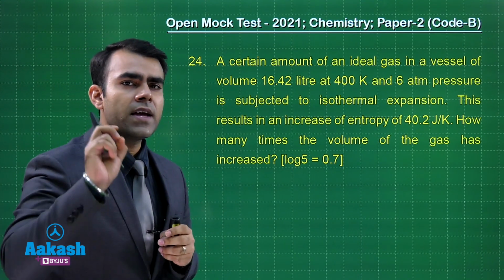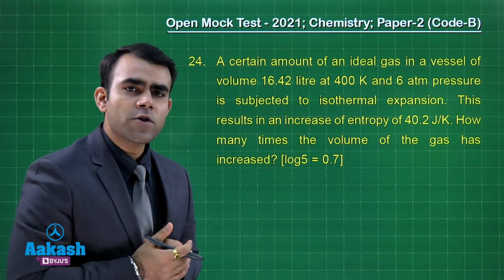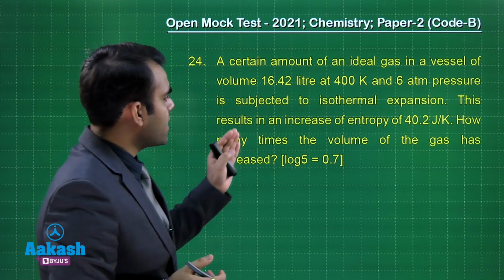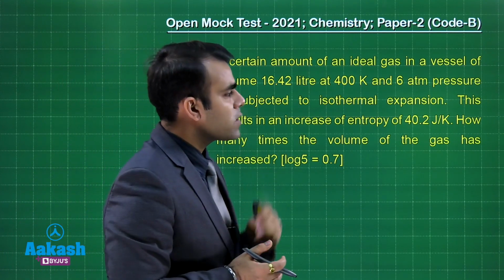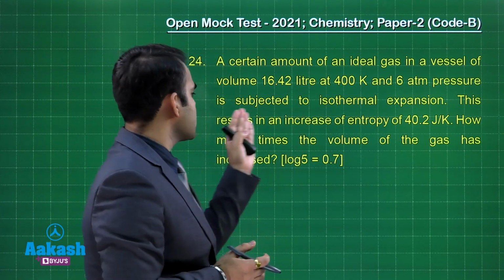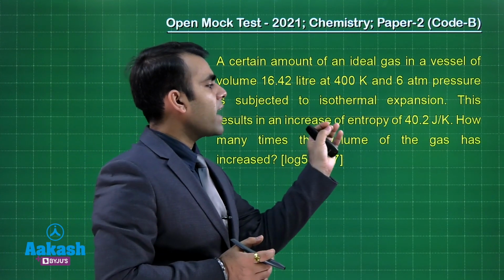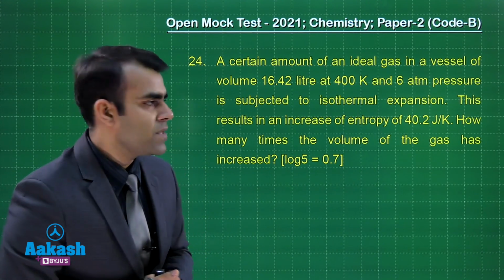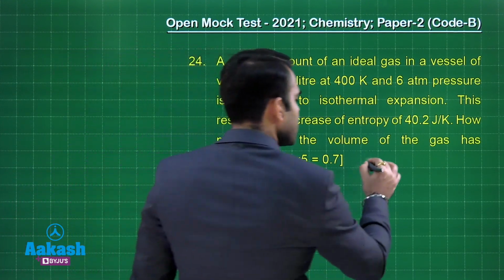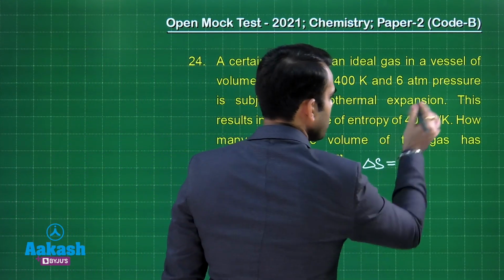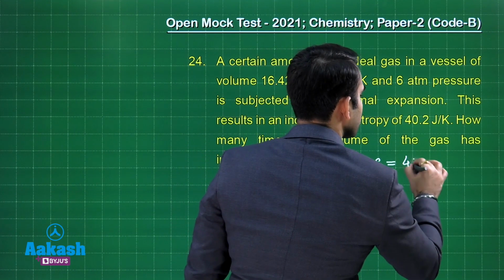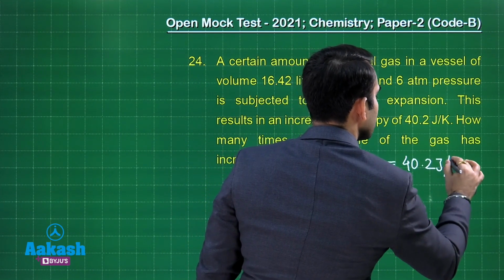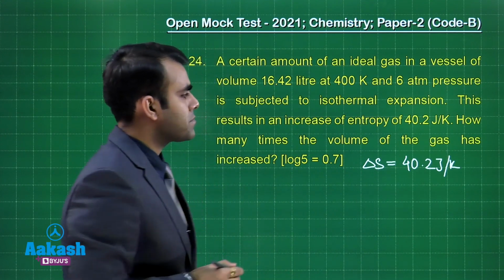So from here we can calculate the moles of my gas, and after that it is subjected to isothermal expansion. Now this results in an increase of entropy of 40.2 joule per Kelvin. So here delta S has been given to us for this process, and that is 40.2 joule per Kelvin.